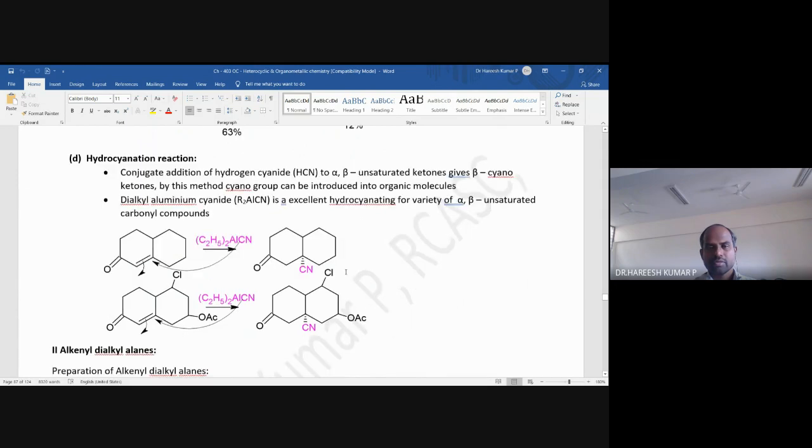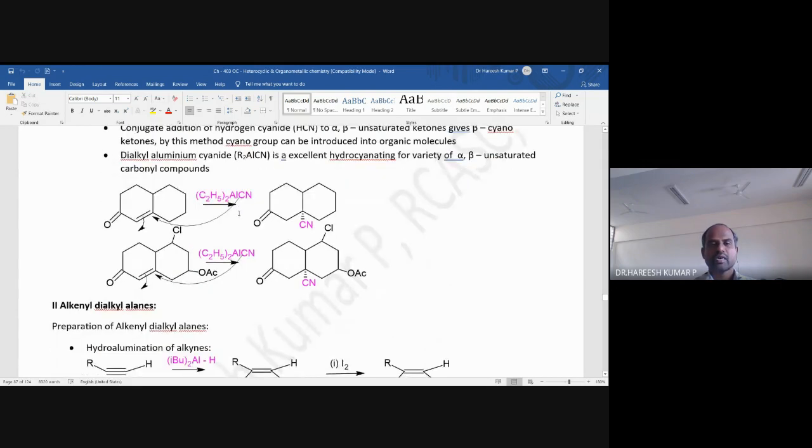So how is it converting? I think you are aware about cyanide. CN will add to this carbon, and this carbon forms a bond with aluminum. Once it is hydrolyzed, Al is replaced with hydrogen. So that is how a cyanoketone is obtained.